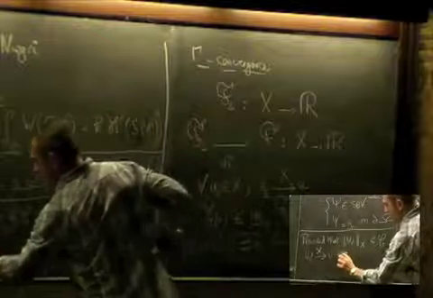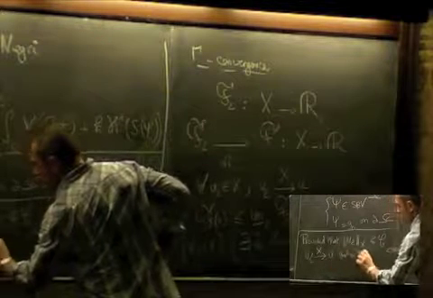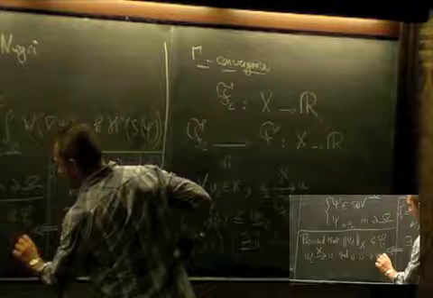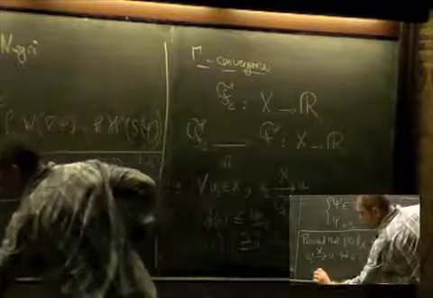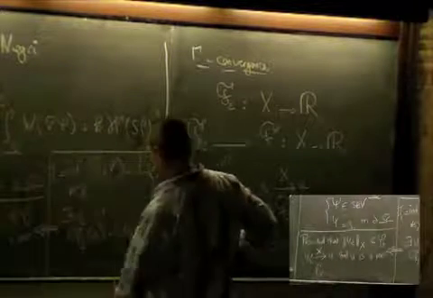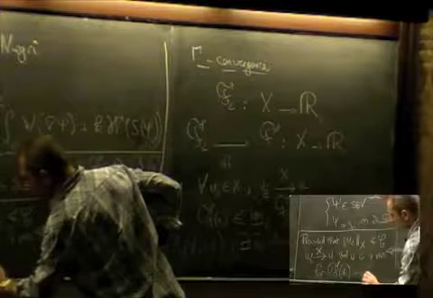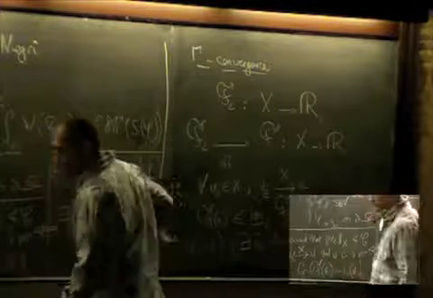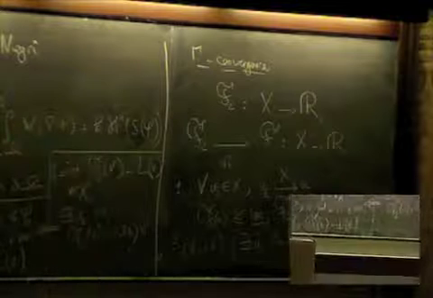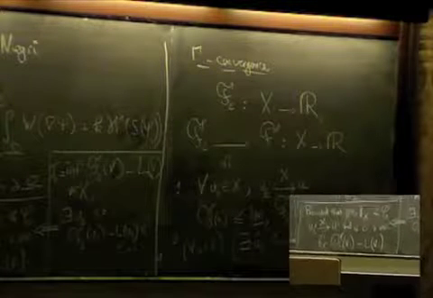and u is a minimizer for f of v minus LV. More specifically, what does that mean?